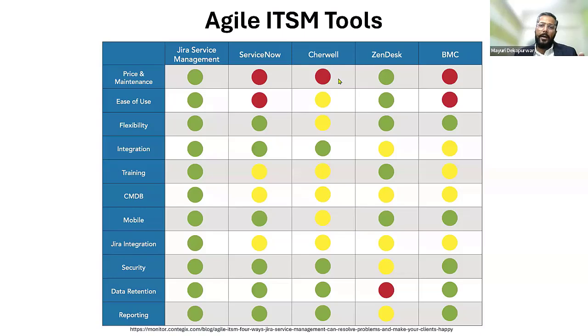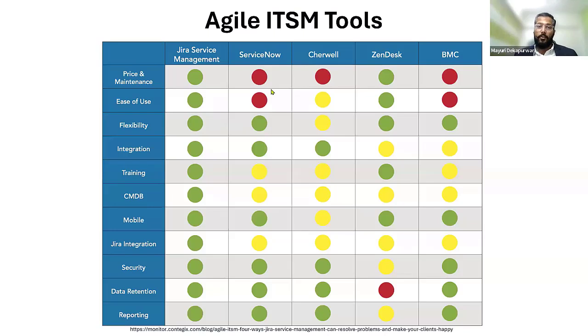Here it's just a comparison. I'm just showing you the comparison on different aspects. Like price and maintenance, which is expensive or which is cheaper, and ease of use, agile service management, then flexibility, then integration, training, CMDB, whether it is mobile, and what integrations it offers. We have a lot of integrations for Jira. You have security, you have data retention, reporting, everything.